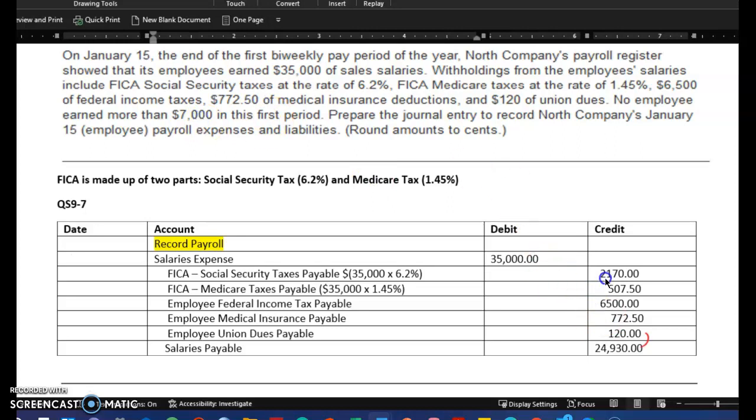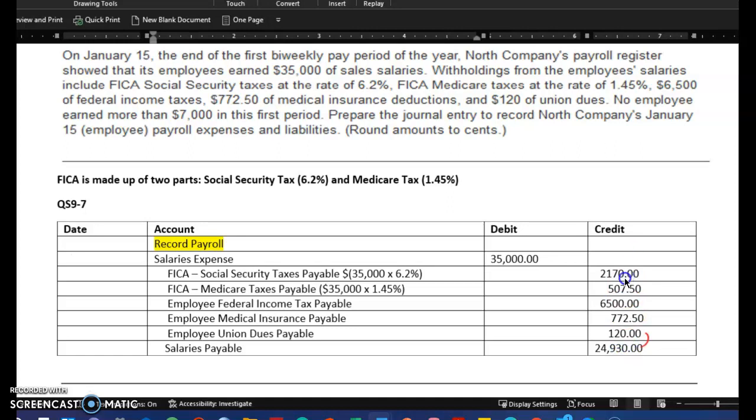So what I would do, if I was filling this journal entry out, is have 35,000 filled out, all these numbers filled out, and this one blank. And I would do exactly the way I told you, working as if it was a pay advice. 35,000 minus 2,170 minus 507.50 minus 6,500 minus 772 and then minus 120, and you would get 24,930.00.